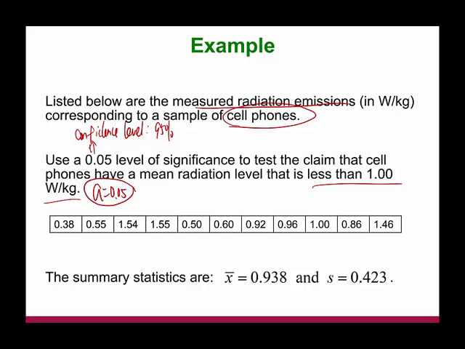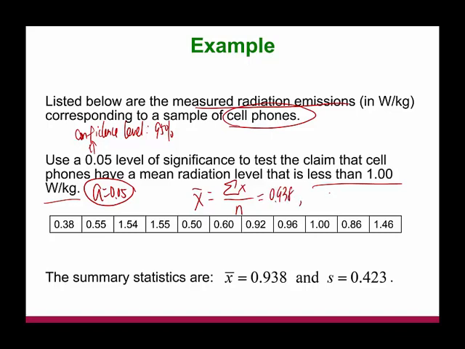So, summary statistics. Basically, you collect the data from 11 cell phones and come up with the radiation. You sum up all these data values and divide by 11. So the sample mean equals the summation of x over the sample size, and that turned out to be 0.938.